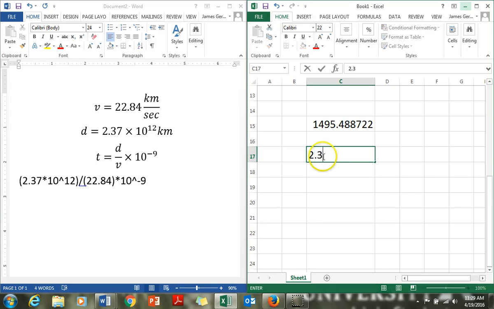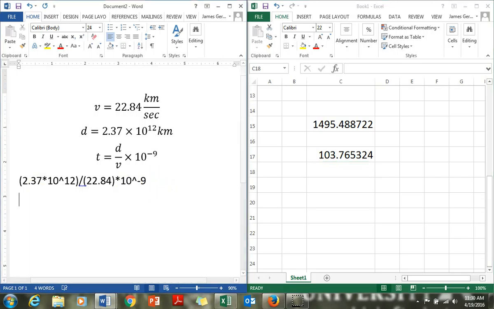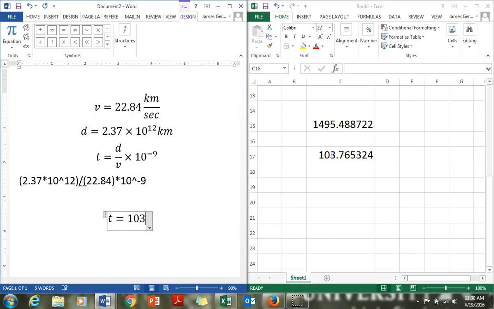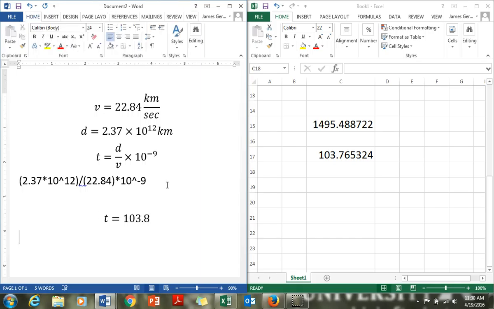So 2.37 times 10 to the 12th divided by 22.84, all times 10 to the minus 9, gives about 103.7 billion years.